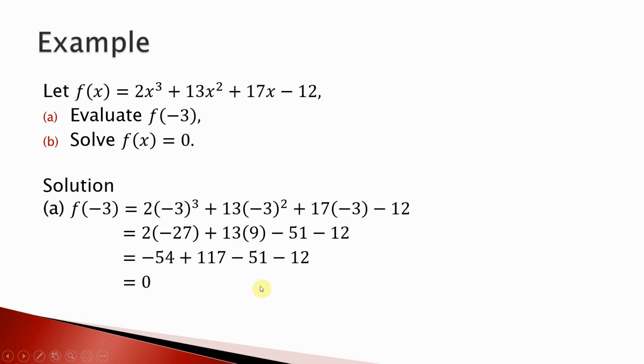So f of negative 3 is 0, which means x minus negative 3 is a factor of f of x. x minus minus 3 is x plus 3.